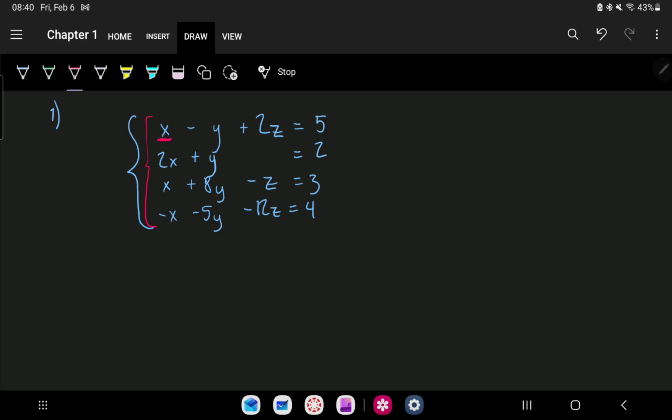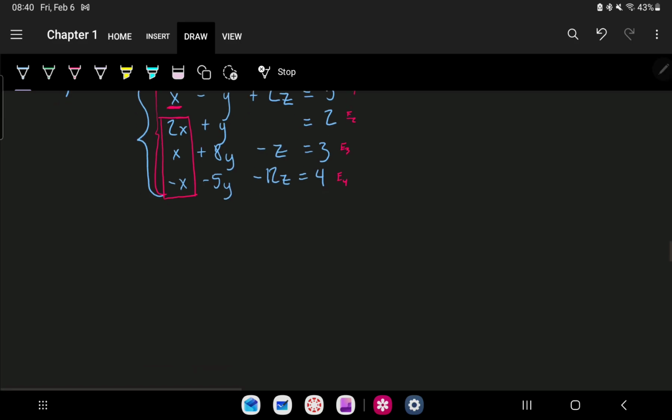But for now, we can use equation 1, just to give you some context of what I was talking about earlier with the E1, E2, E3s. We can use equation 1 to eliminate all of these. We don't want these anymore because that's going to make it easier for us to solve for the next variables. So let's try to use some of those rules that we saw before.